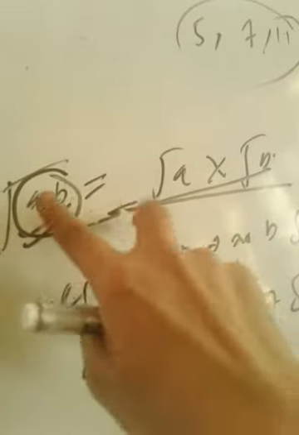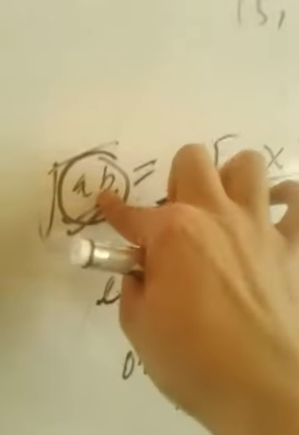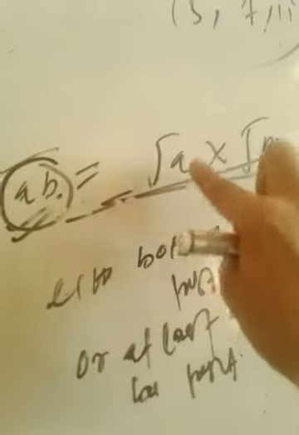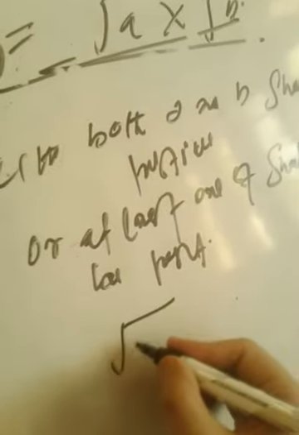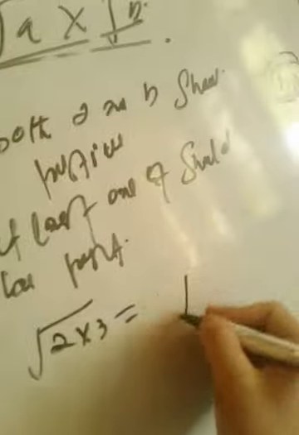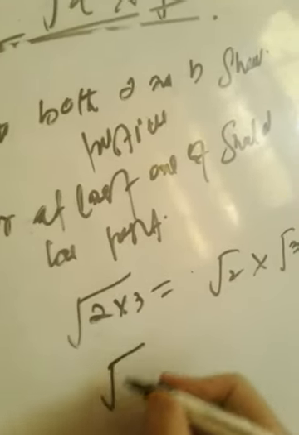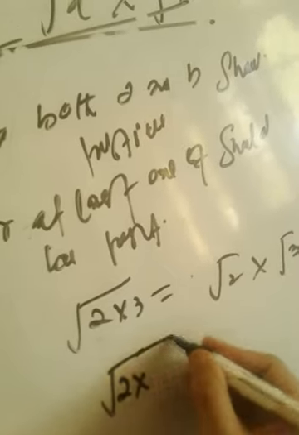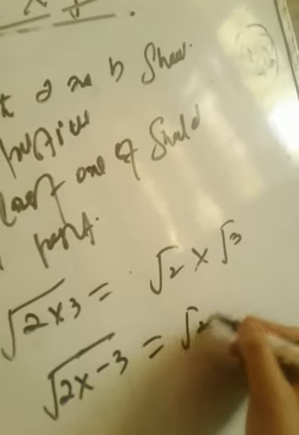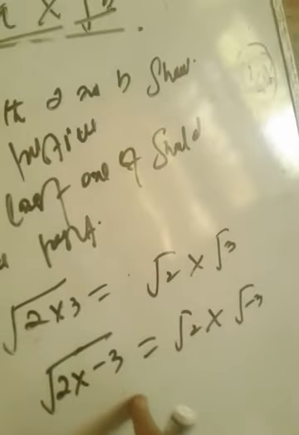So I hope you will remember this: whenever you are asked when this equation holds, it holds only if both are positive or at least one of them is positive. I will give you an example. If you have root of 2 into 3, this is root 2 into root 3, correct? Both are positive. If you have root 2 into, for example, minus 3, this is root 2 into root minus 3, this is also correct.